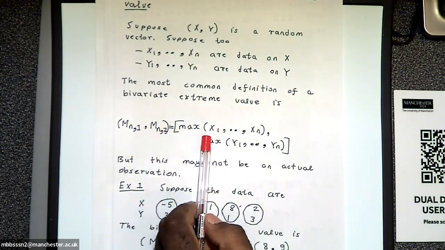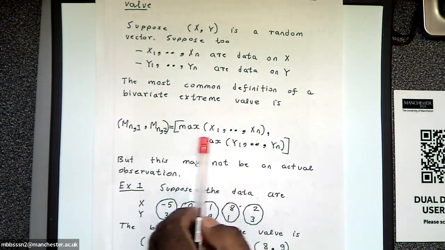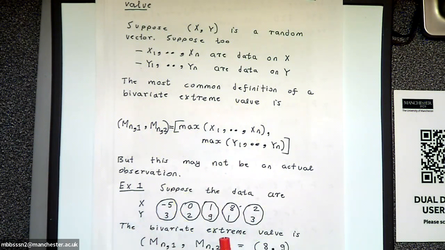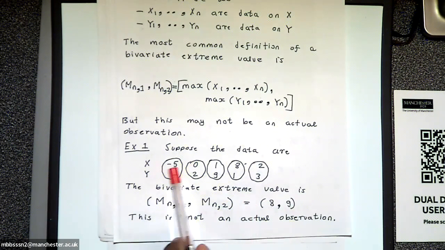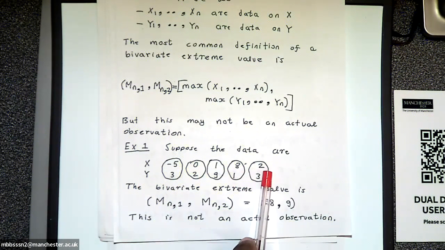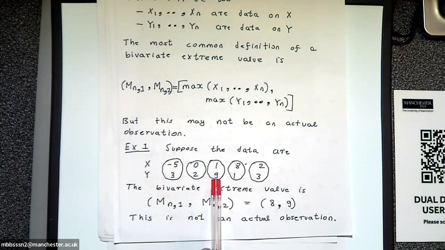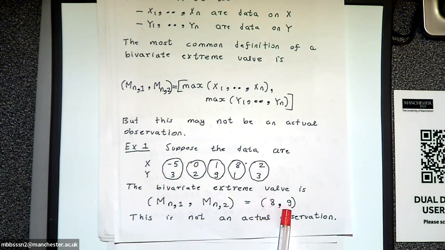The first number is the largest of the X's, and the second number is the largest of the Y's, right? So for example, suppose these are the data on X, and suppose these are the data on Y. The largest of the X's is 8, the largest of the Y's is 9. So the extreme value is (8, 9). You follow me? Any questions, just use the chat room, guys, okay?